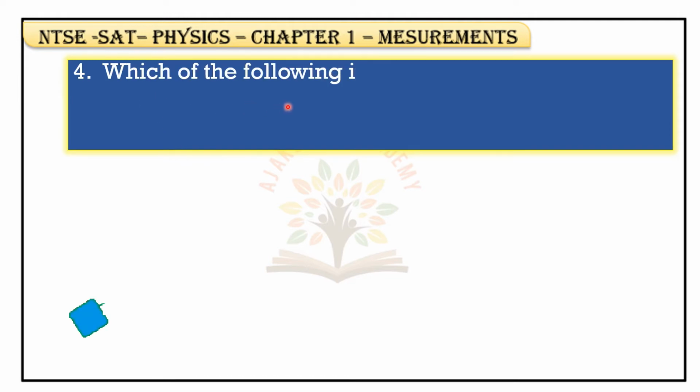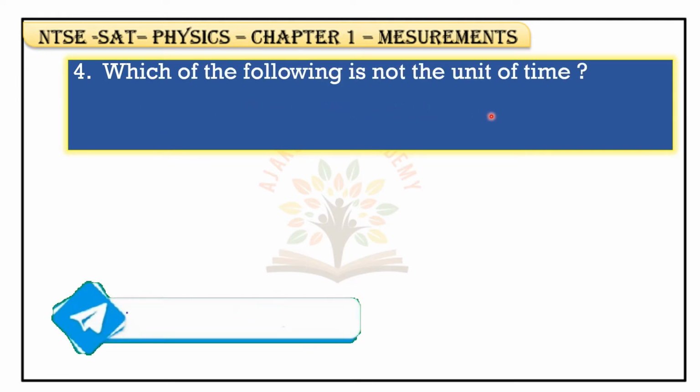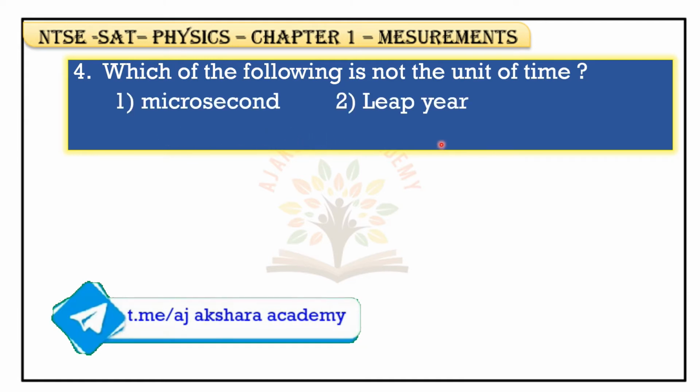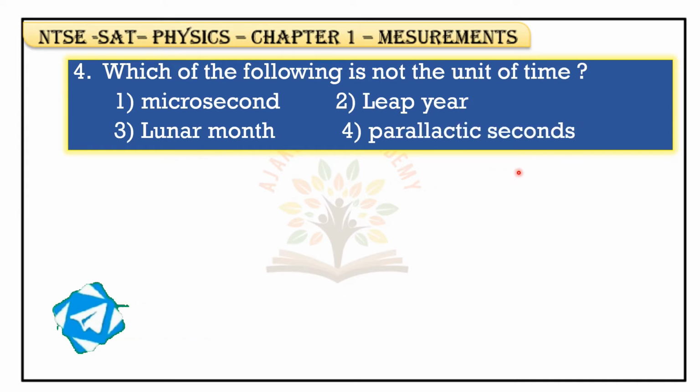Which of the following is not the unit of time? Microsecond, leap year, lunar month, parallactic second. So here in these four options, which of the following is not the unit of time? Parallactic second. Parallactic second is the unit of distance.